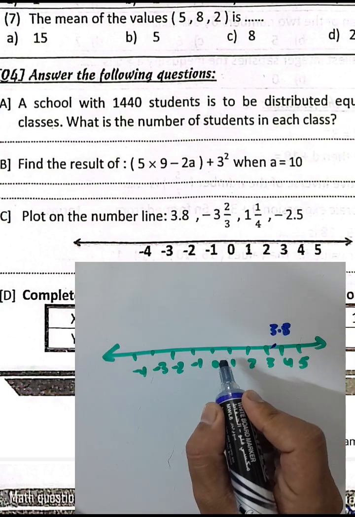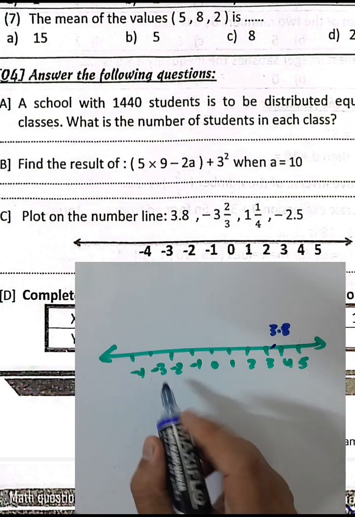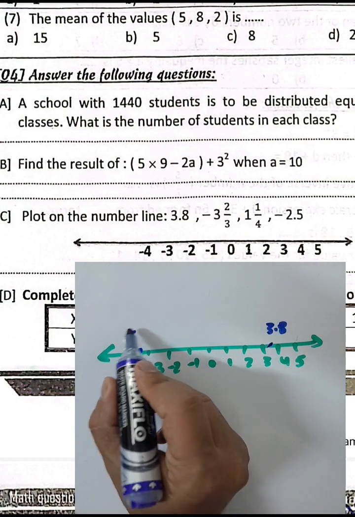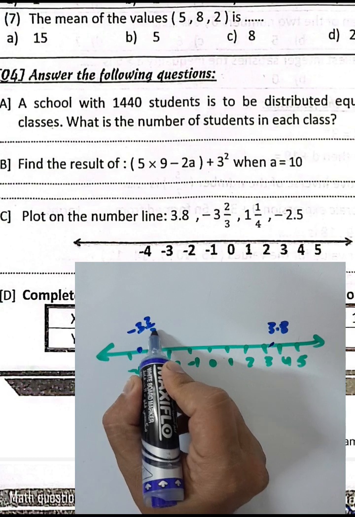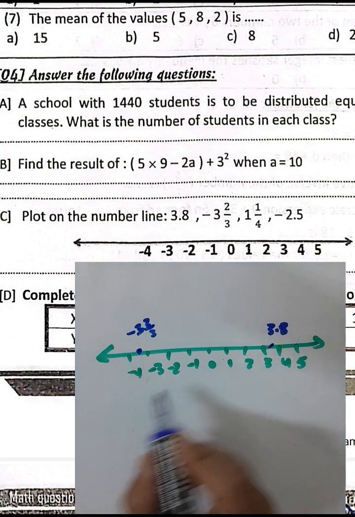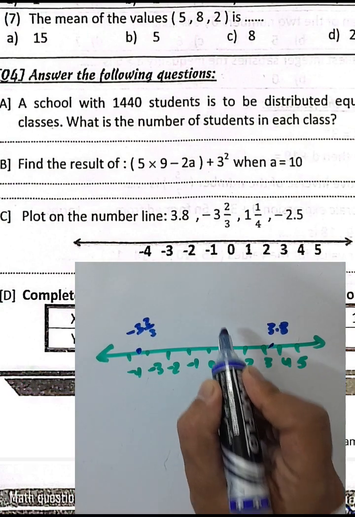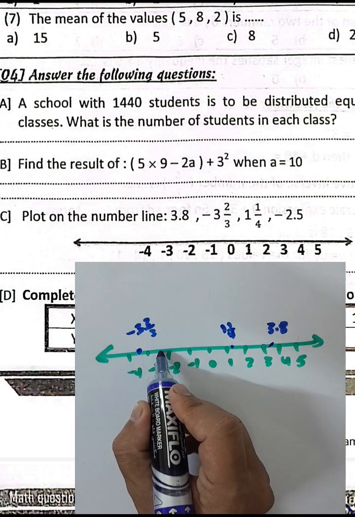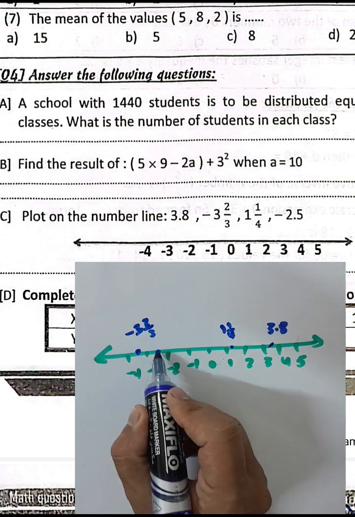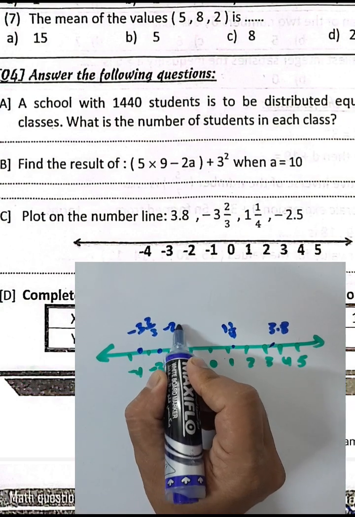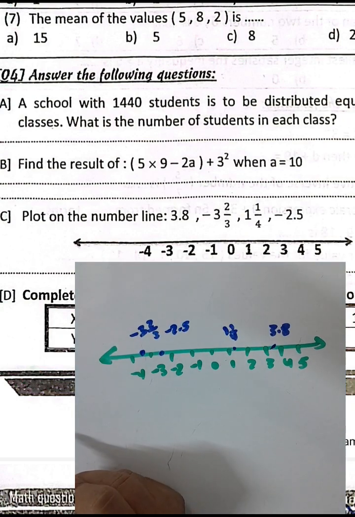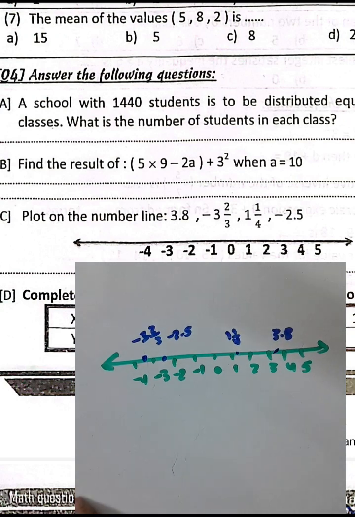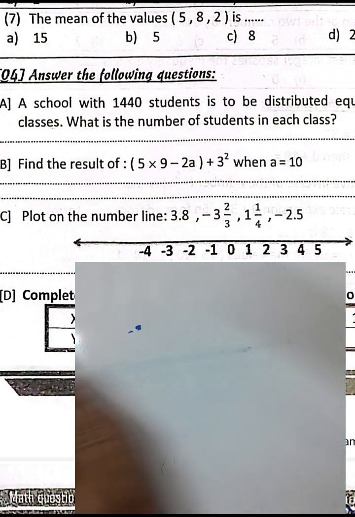And -3 and 2 over 3 here, between -3 and -4. And 1 and 1 over 4 here. And -2.5 here, between -2 and -3 in the middle. Okay, that's exactly the result. Okay, next question.